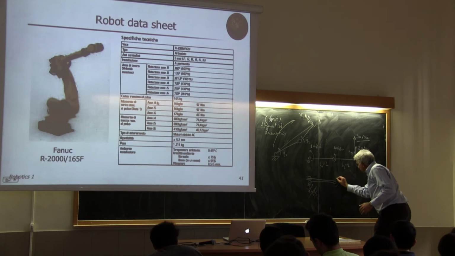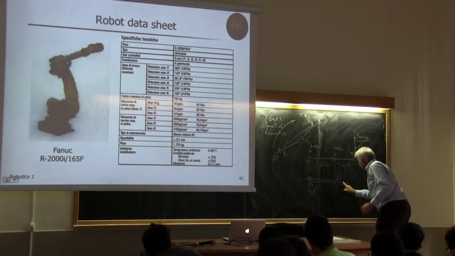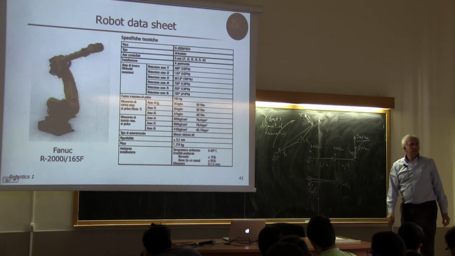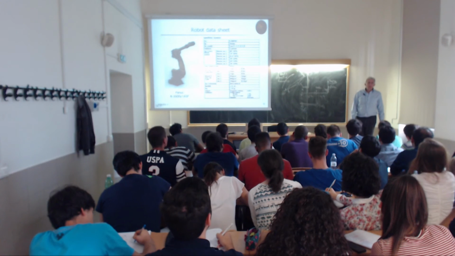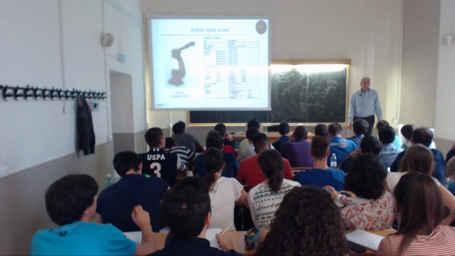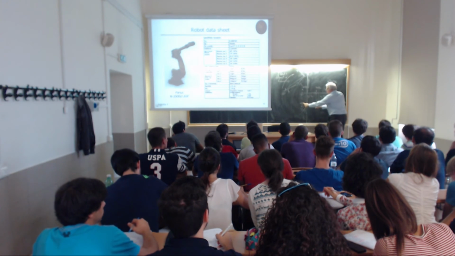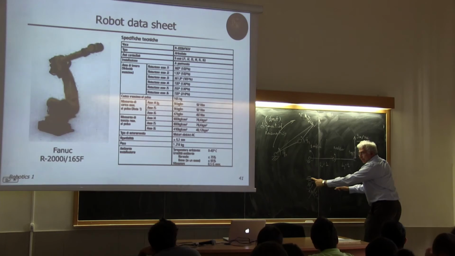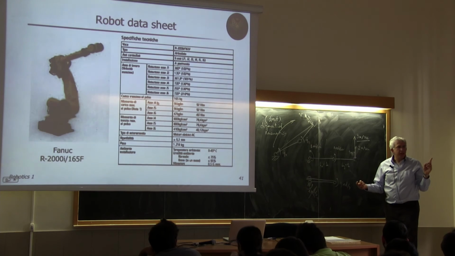Now, what about the 1 radian per second of the second joint? What will be its contribution to the end effector velocity? This is, again, 1 meter distance. So 1 times 1, 1 meter per second. In which direction?